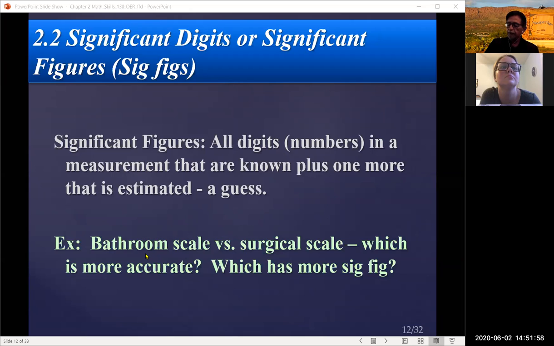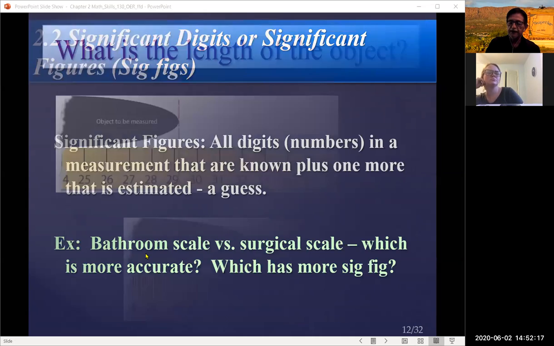For example, the bathroom scale versus the surgical scale, we know which would be more accurate. Obviously, the surgical scale would be more accurate, and it would have more significant figures. The bathroom scale wouldn't have as many significant figures, because it's not as accurate.